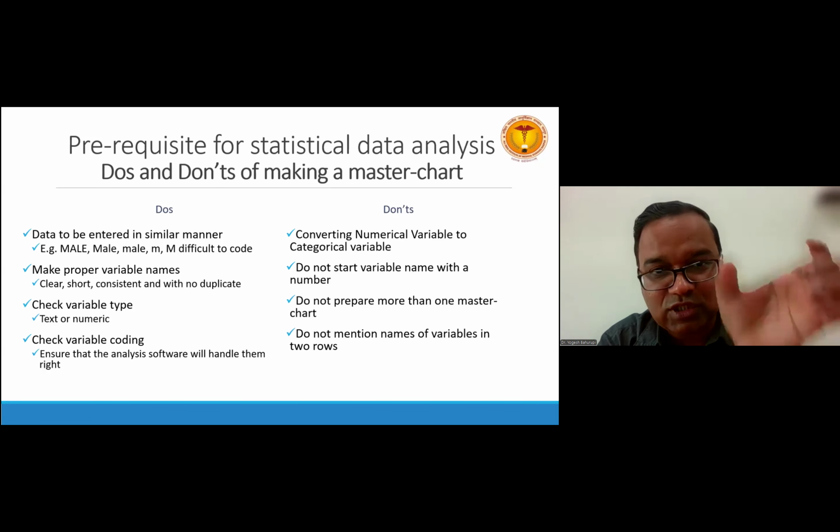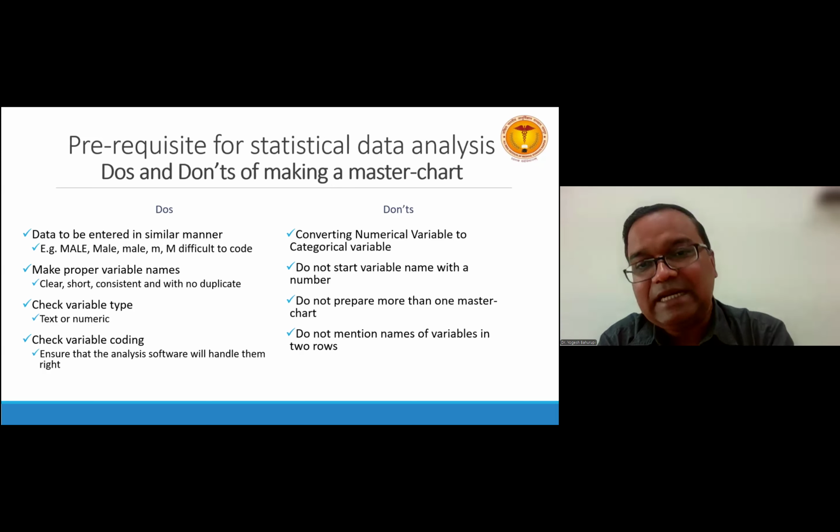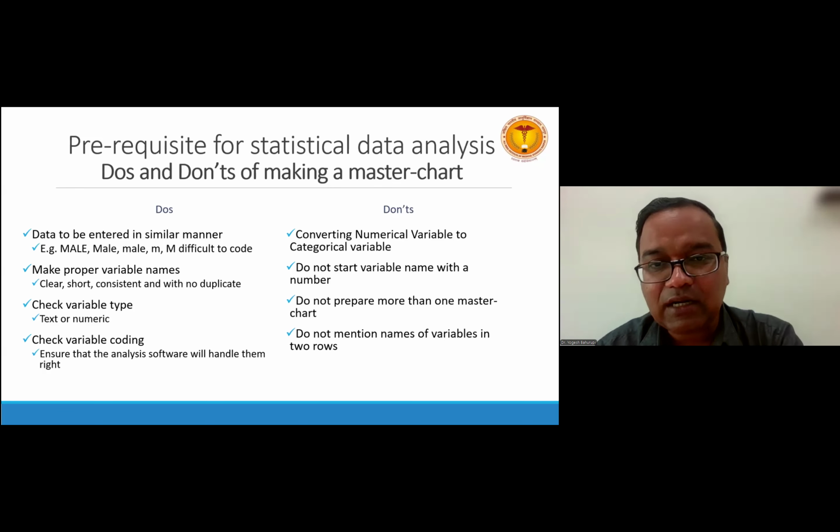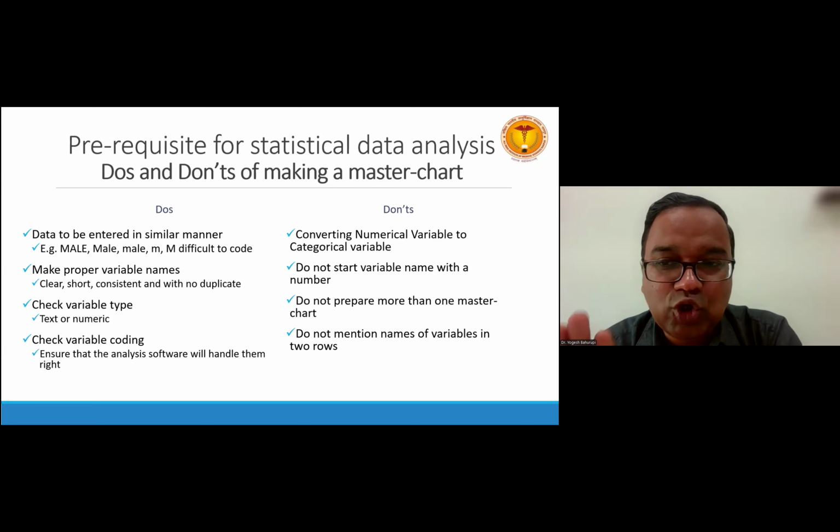So name of the question, name of the variable, how the data is collected, in the sense whether it's text or numerical, and what are the accepted fields. Suppose gender is one variable, so we would be accepting male, female. Next column would be how they are coded. Maybe you can code male as 1, female as 2, so that when you actually code the data, you do not make any error. So these are certain do's of making a proper master chart.